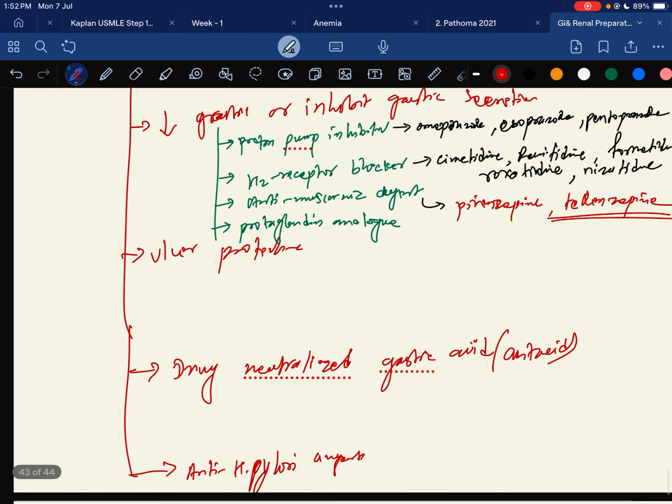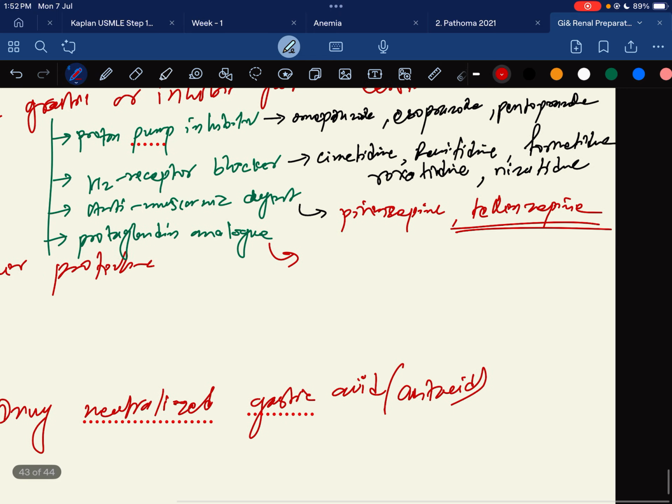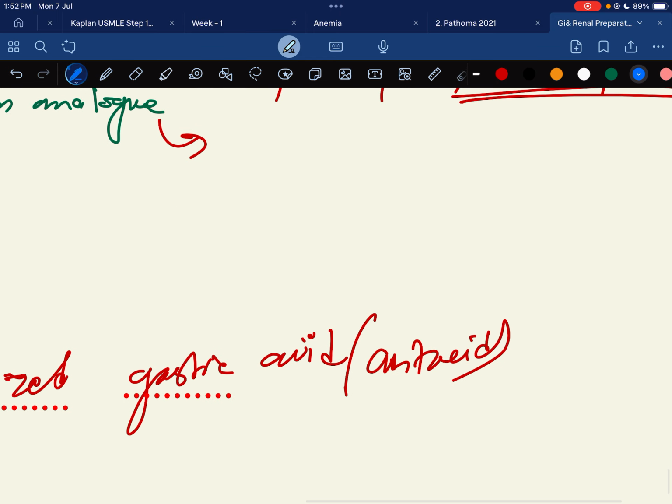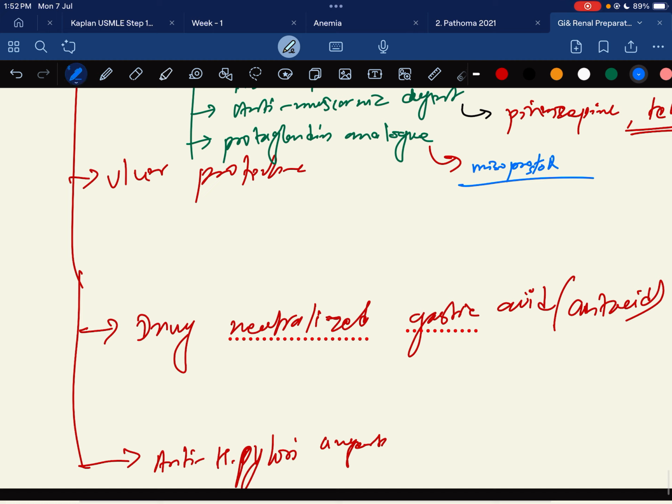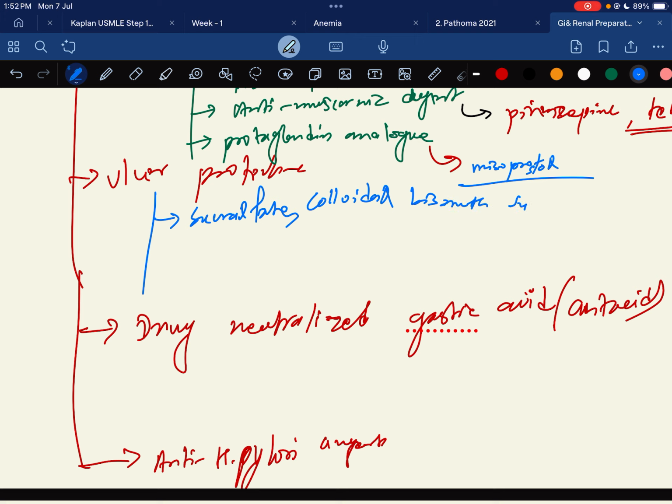These are regarding the prostaglandin analog. The prostaglandin analog is misoprostol. Also the ulcer protective drugs are sucralfate, colloidal bismuth subcitrate.